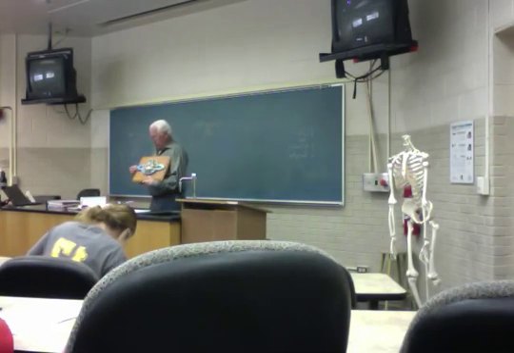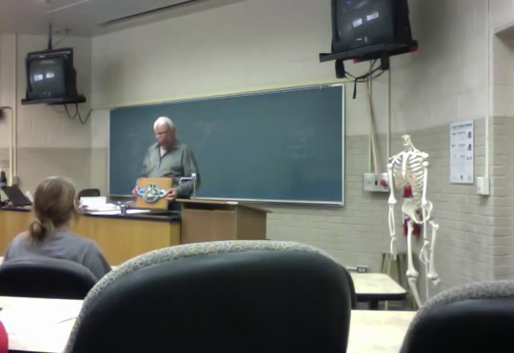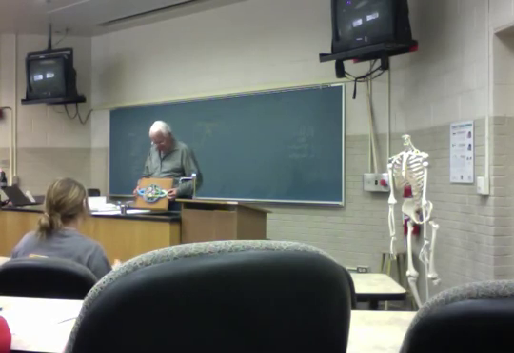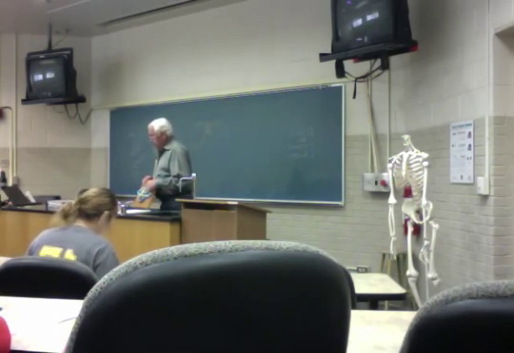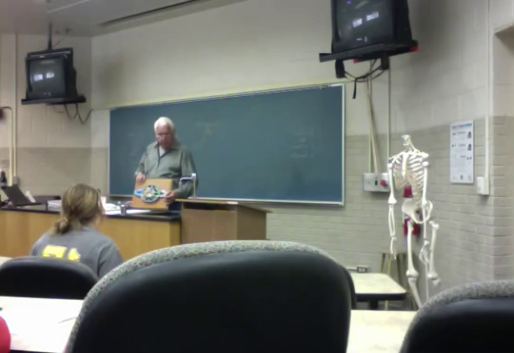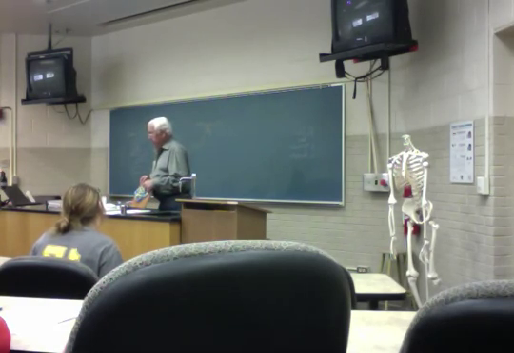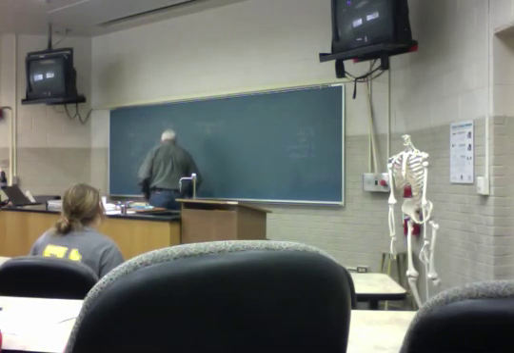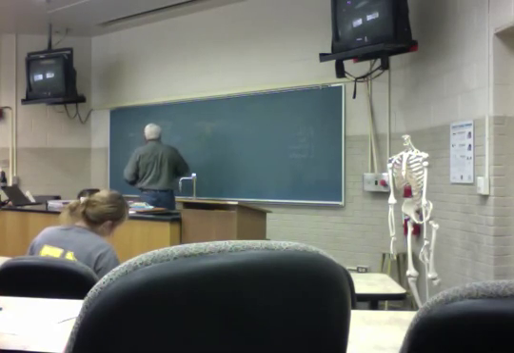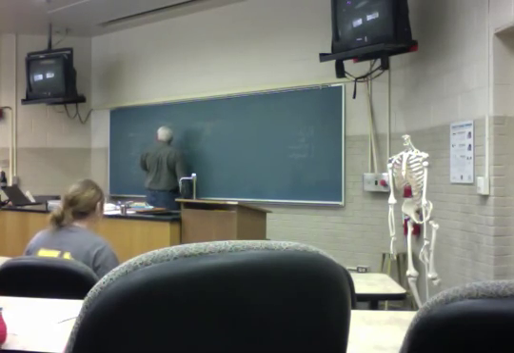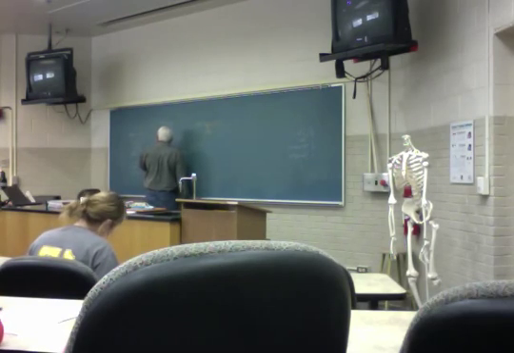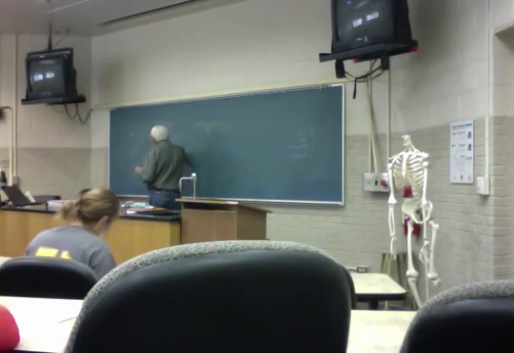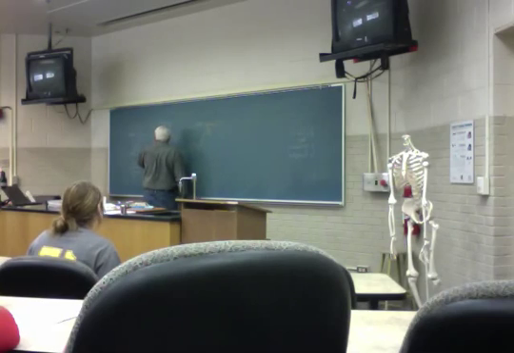Here is a spinal nerve. Here is a spinal nerve. And here is the dorsal root. Here is the ventral root. And here's the dorsal root ganglion. Be sure you see that in lab. Now, I'm going to have an axon that exits the ganglion and enters the cord itself.